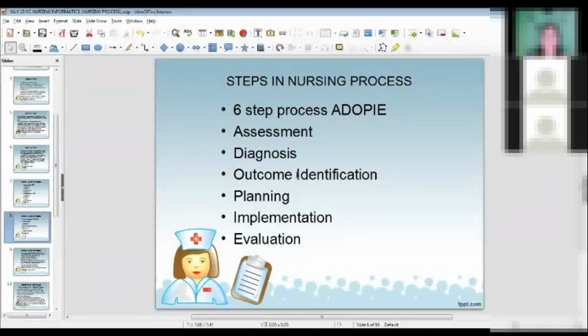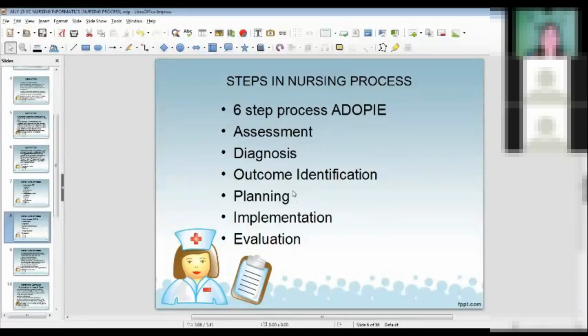For example, going back to our example of a patient complaining of pain, our outcome identification is that at the end of our intervention, the patient will verbalize relief of pain. That is outcome identification, and that will also be part of our planning. So in our plan, our goal is that the patient will be relieved from any pain that is felt at the time of our assessment.